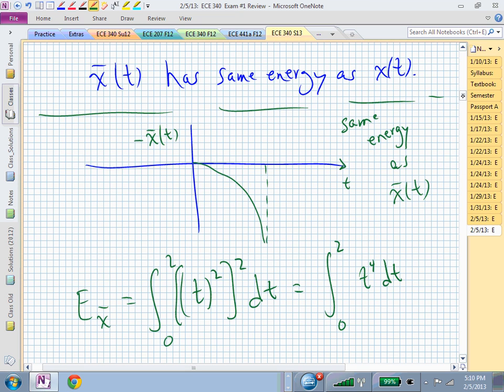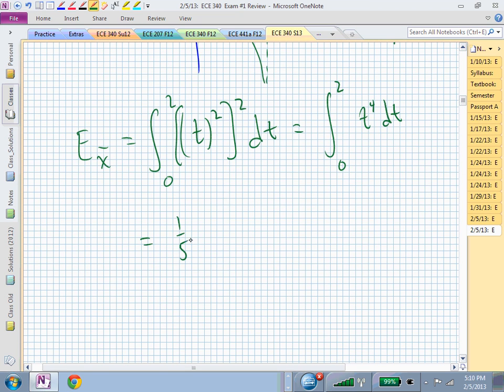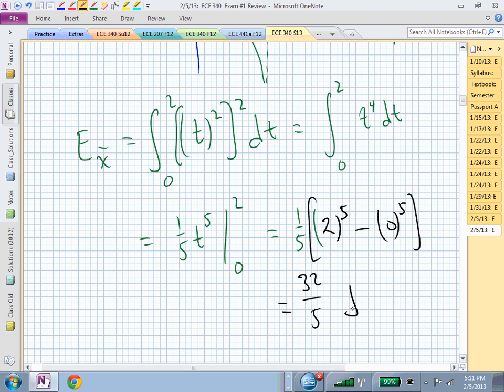That would be 1/5 t to the 5 evaluated from 0 to 2. Or it's now 1/5 times 2 to the 5th, which is 32, isn't it? So you have 2 to the 5th minus 0 to the 5th, or 32 over 5 joules. And that's the energy in that original waveform, x of t.